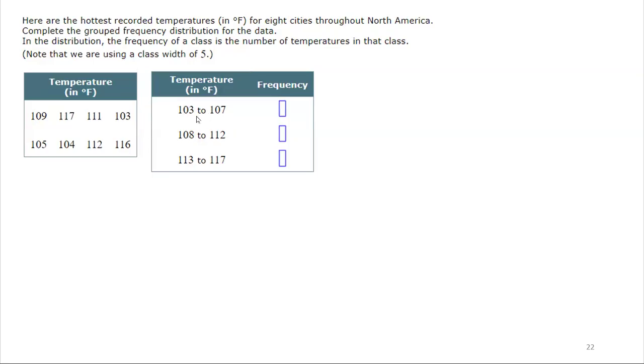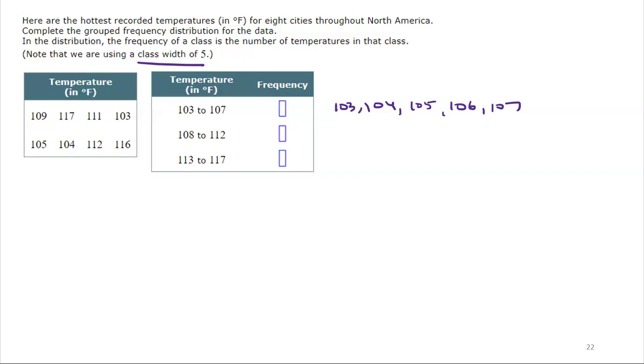So that's why they're saying the class width is 5. Again, we had 103, 104, 105, 106, and 107. That's a total of 5 numbers, so that's where they're getting the class width of 5. That's going to be important.